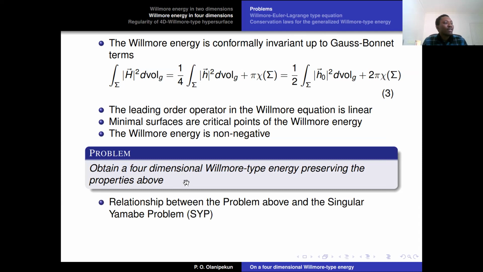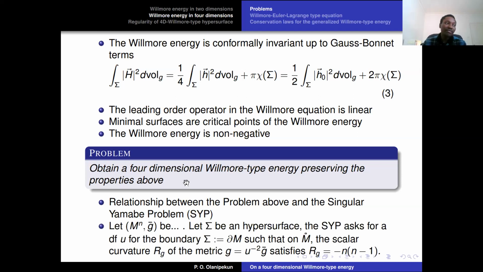Yeah, so now let's talk about that. This is an interesting problem in the literature, and some authors working in conformal geometry and quantum physics have looked critically into it. They found that there is a relationship between this problem and the singular Yamabe problem. So what is the singular Yamabe problem? Let me state it.